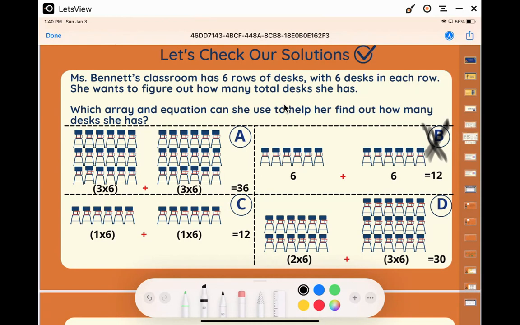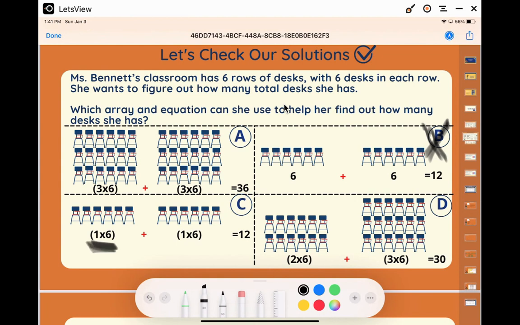Now, taking a look at answer choice C, while answer choice C now has some multiplication involved, if you look very closely, it's the exact same problem. Answer choice C uses what we call the identity property of 1.